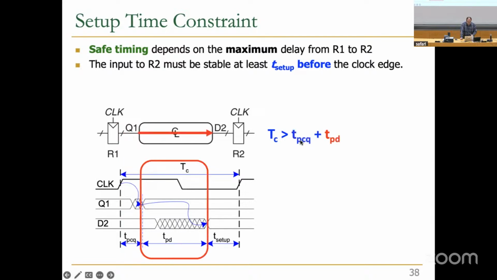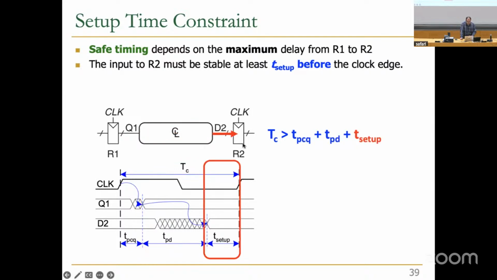And then you have the propagation delay for your combinational logic. Plus, you need to make sure that your D2 is stable before setup time, so you add that also. Then that's your clock cycle. So your clock cycle should be at least the summation of these values.